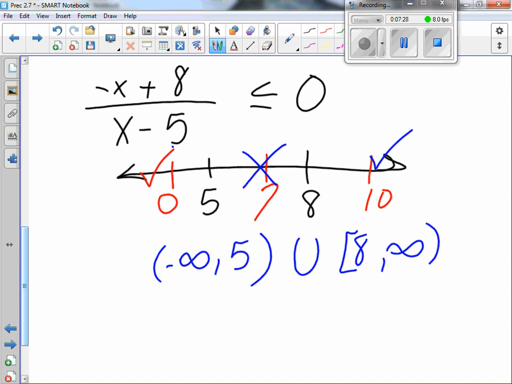Yes, because if it comes out of the denominator as a key point, it means that the function's undefined at that point. So it can't reach 5, because 0 is -8/5. 4 over -1, so -4.